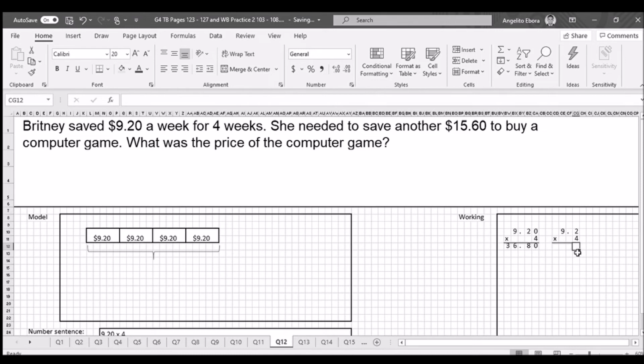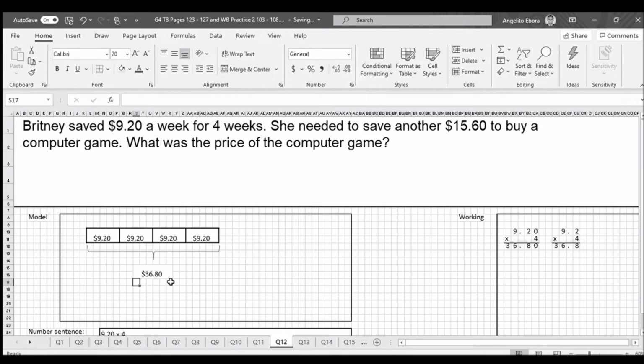How about this one? So this one is 8, decimal point, 36. So $36.80. So we're talking about money, right? So we just add 0 at the end. Okay? So $36.80. So that's the amount of money that she saved for 4 weeks.